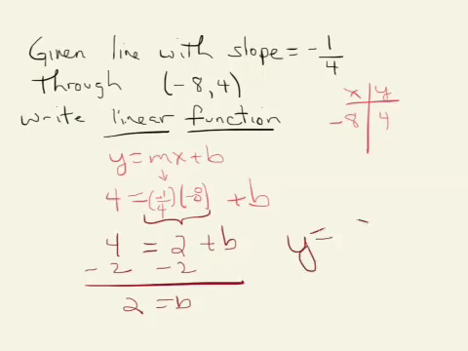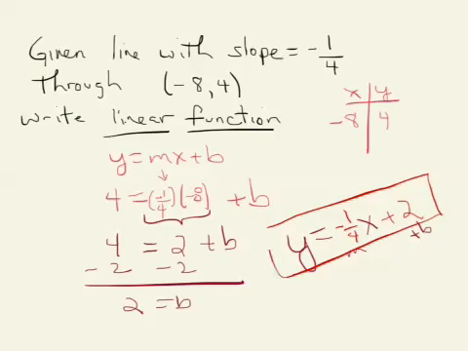Y equals something x plus something. The first something has to be the slope, and the last something has to be the y-intercept, or what we call the b value. The slope was given to us. It's negative 1/4, so we fill that in. And we just figured out the y-intercept of this graph is 2. It was not 4. It was not negative 8. We had to figure it out, and it was 2.